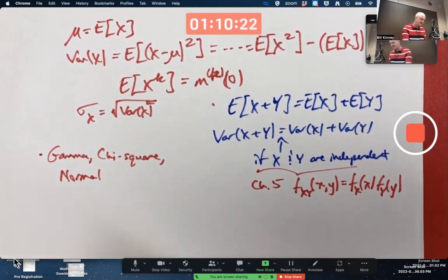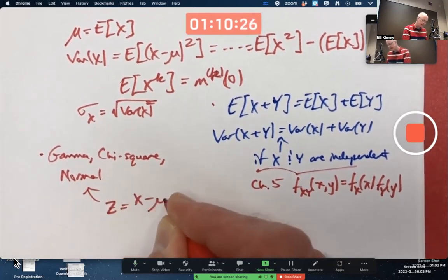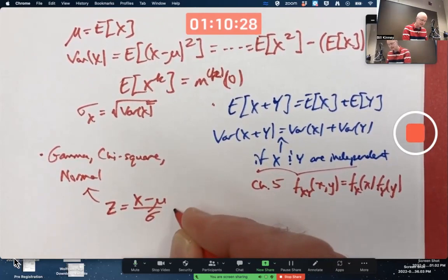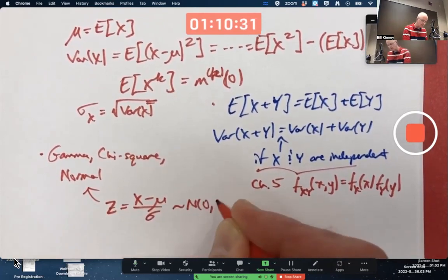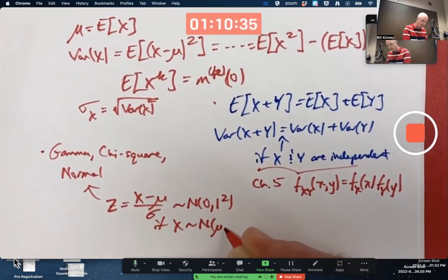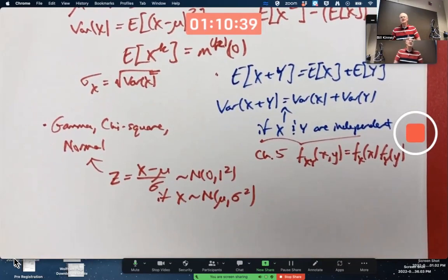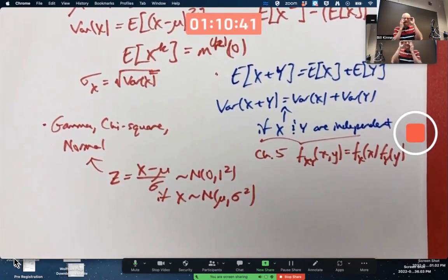If nothing else, in the normal case, we often convert to Z, and Z is standard normal if X is normal with mean mu and variance sigma squared. That's just good to know and practice with, just to make it more real, more concrete. Be able to understand those kinds of things in books when you're reading these kinds of examples.